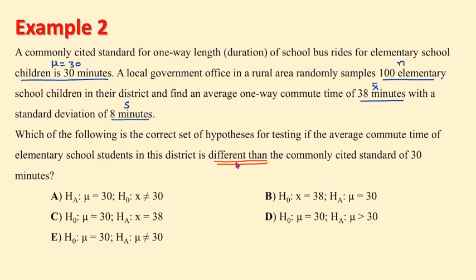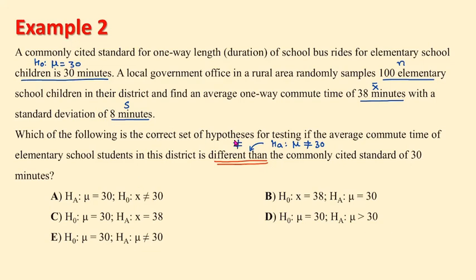So when we say different from, same means equal, different means not equal. So in your null hypothesis, you will have mean equal to 30. And using this concept, our alternative hypothesis will be mean is not equal to 30, different from 30.